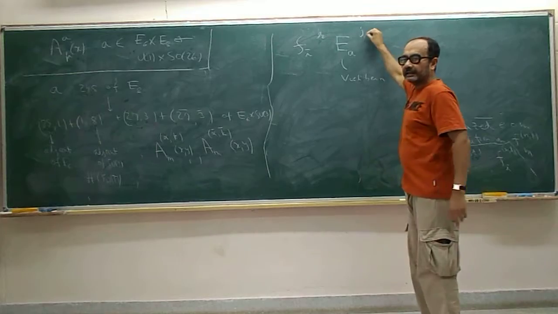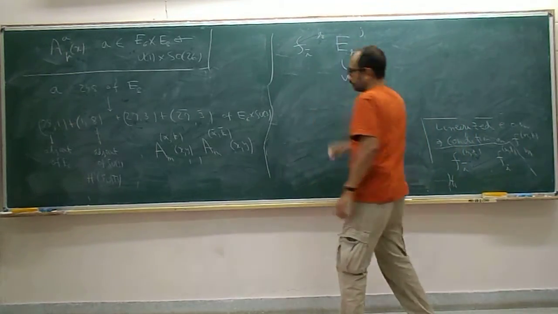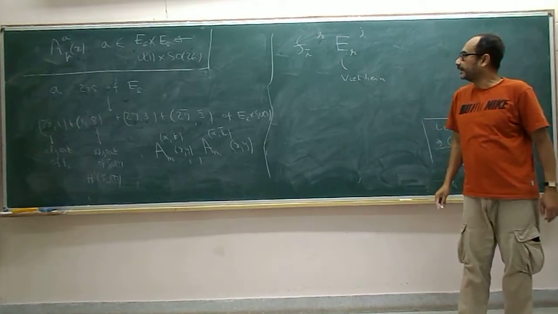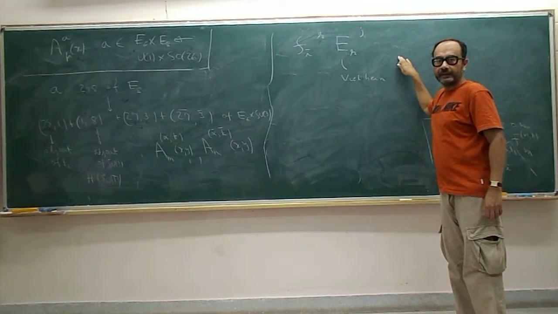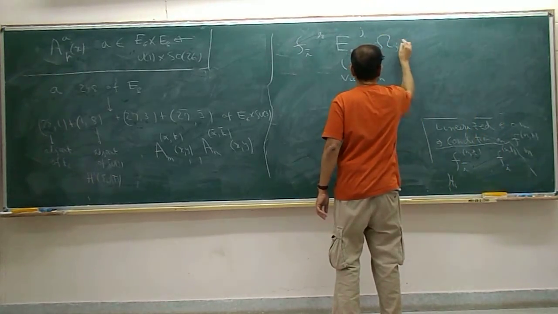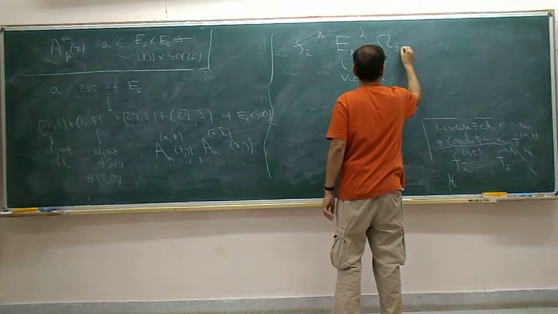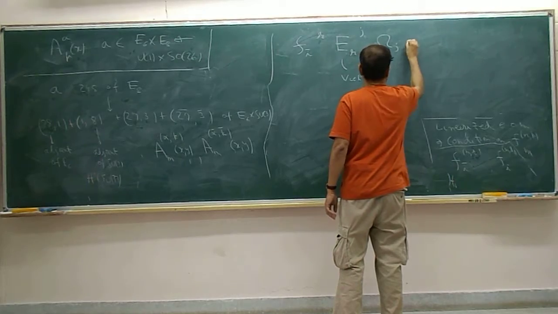Then we can lower this index using the holomorphic three-form that we have, omega j, j prime, j double prime.